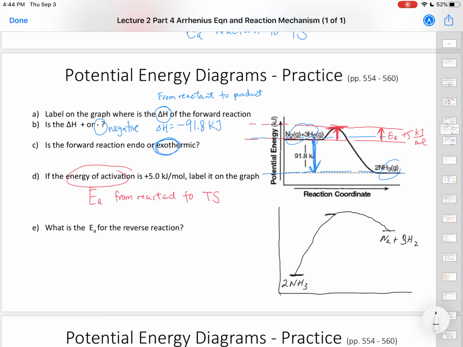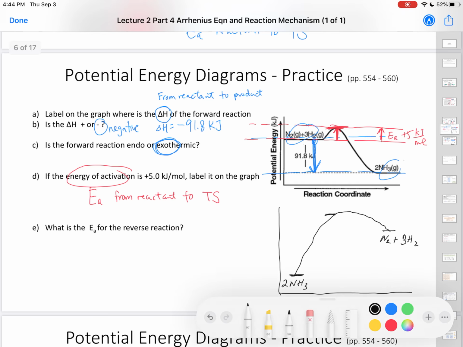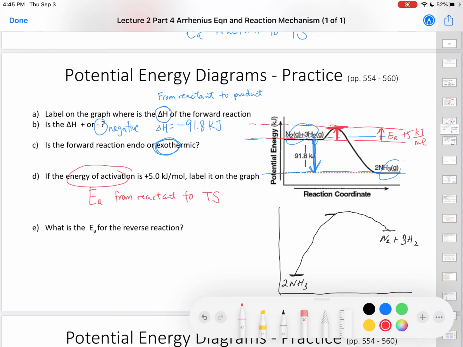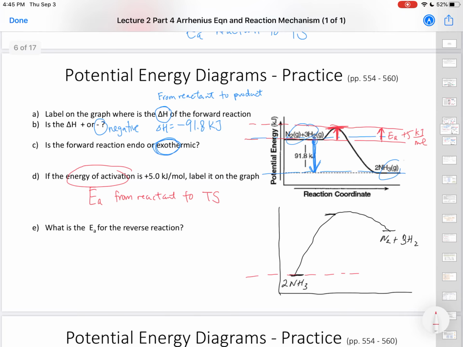Okay? So the energy of activation is, again, from the reactant to the transition state. So that's from here to here. Okay? In this case, it would be 91.8 plus 5, or 96.8, right? Kilojoules. Okay?